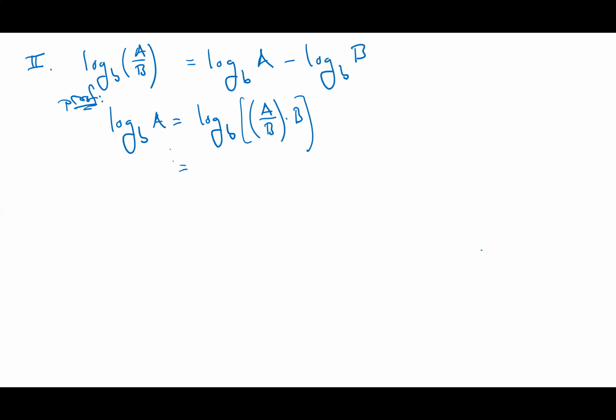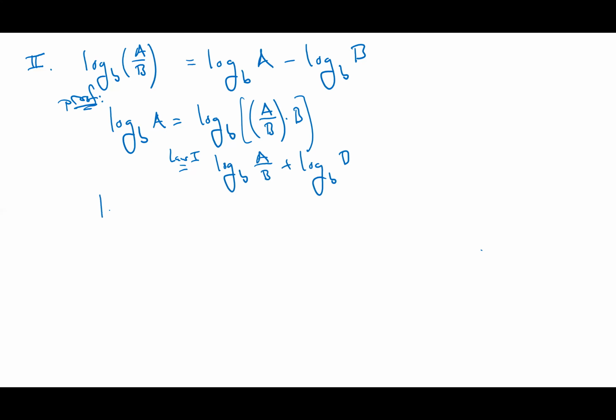Well, this lets me take advantage of law 1, the previous property, and it lets me say log base b of a over b plus log base b of b. Well, if I subtract log base b of b from both sides, right? I'm just going to subtract that term right there. I get exactly the property that I'm trying to prove. Okay. Again, seems like a cheap shot, but it's not.